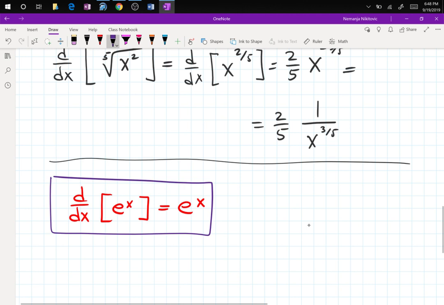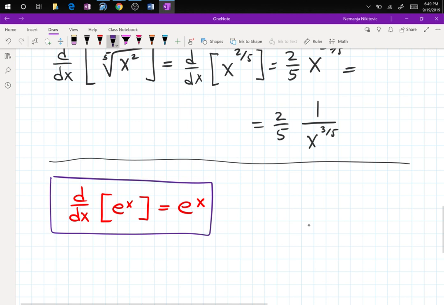All other functions will go to something else, right? Remember now, let's say you have a number 3. Number 3 is only equal to itself, and it's not going to be equal to anything else. So this is the only function that is equal to itself when you take the derivative. Every other function is going to go into something else.